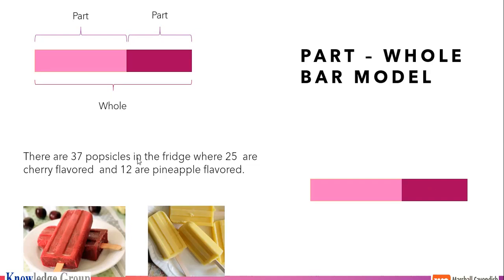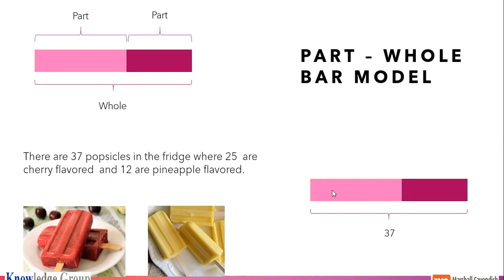And I know that my total or my whole is divided in two parts. This is telling me there are 37 popsicles. So 37 is the total amount or the whole. Again, you see this bracket? It represents the whole because it covers the whole bar, all of it.